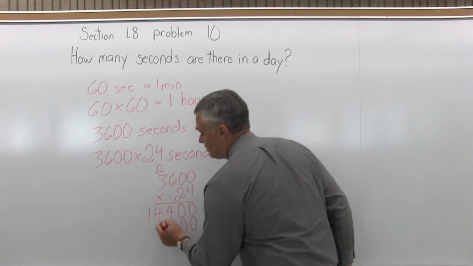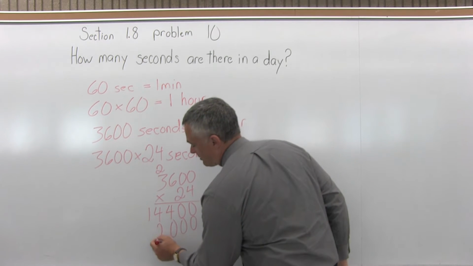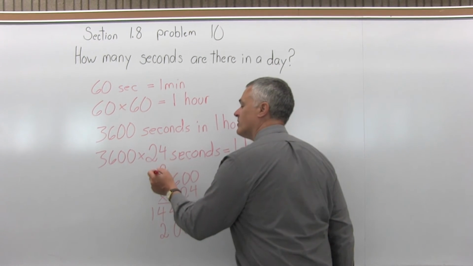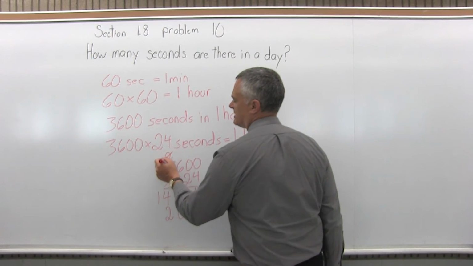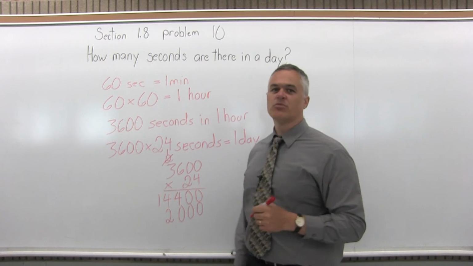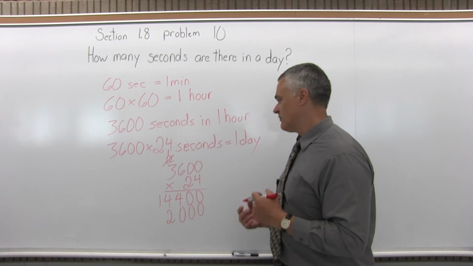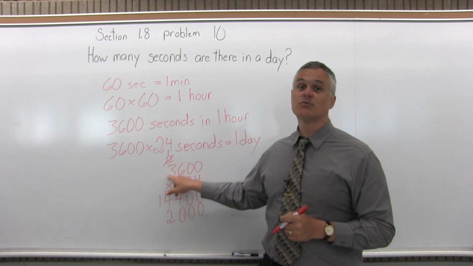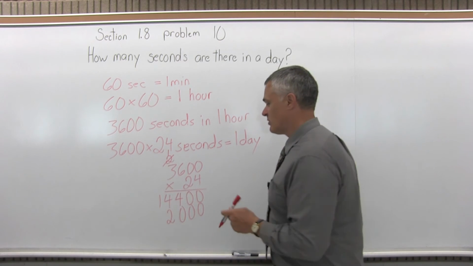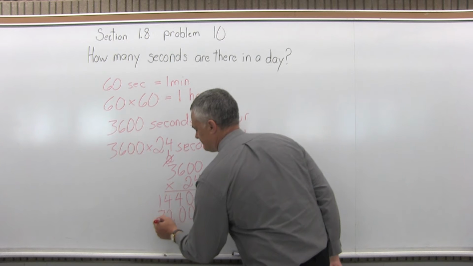So I'll put the 2 from the 12 in the column that I'm working in and carry the 1 from the 12 to the top of the next column. Now there's a number that I carried from the previous step. I'll just cross it off and replace it with the one that I'm carrying from this step. Then I have 2 times 3 is 6 plus 1 more that I carried. 6 plus 1 more is 7.